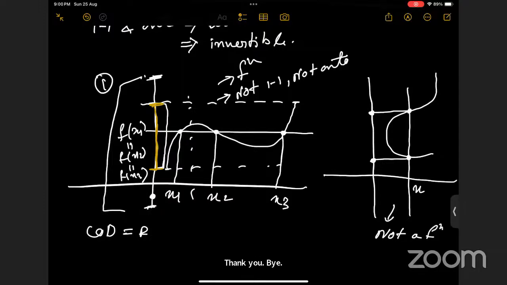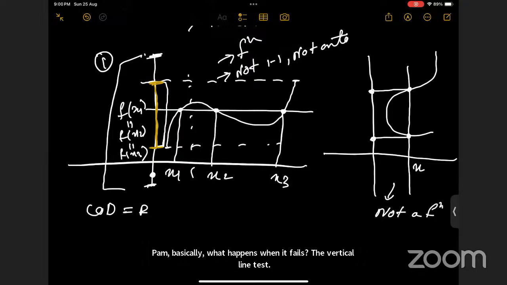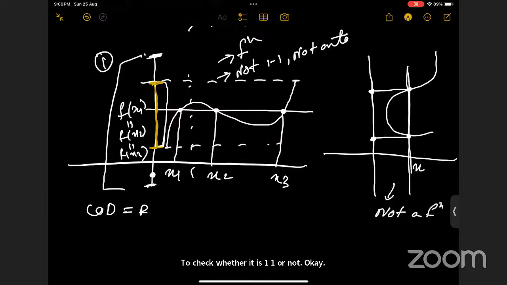Okay. So are you clear with this example? Ma'am, basically what happens when it fails the vertical line test? The vertical line test is to check whether it is a function or not, and the horizontal line test is to check whether it is 1, 1 or not.